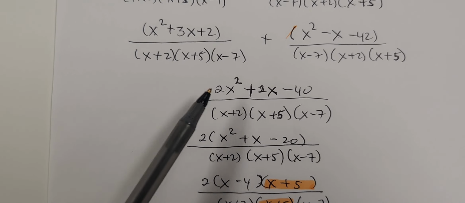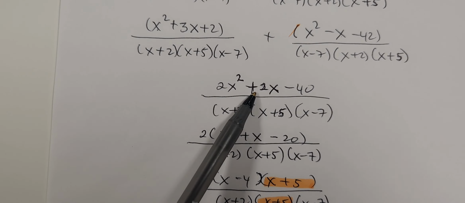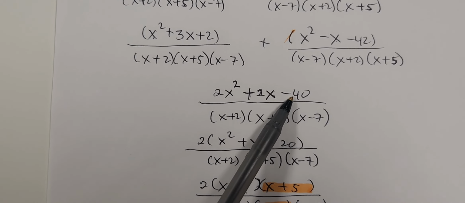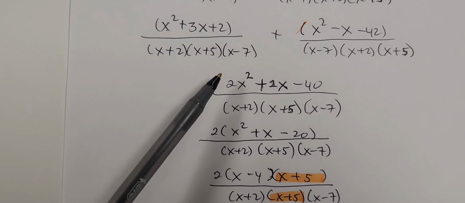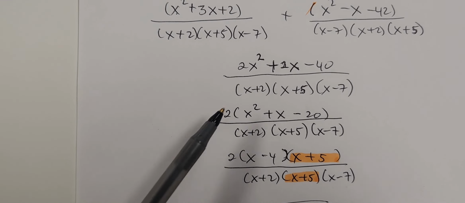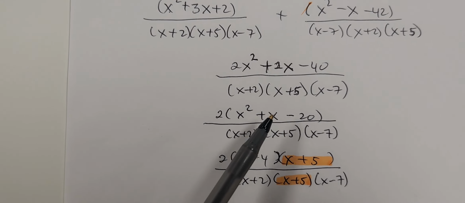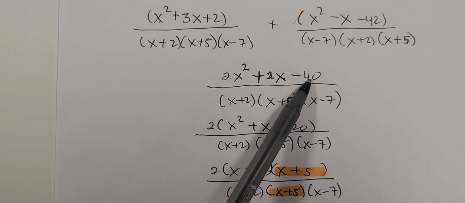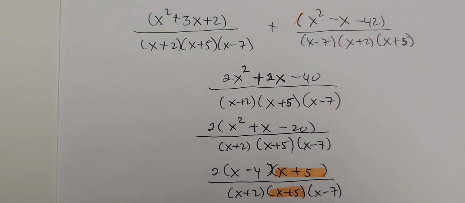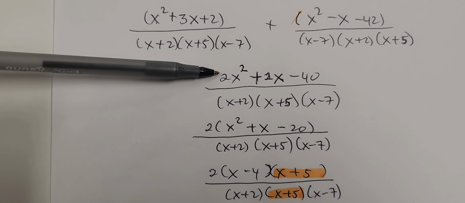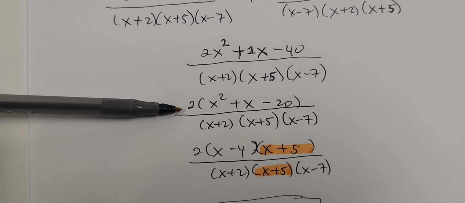Because 2 can go into 2, 2 can go into 2, 40 can also go into 2. So I factor out this 2. 2 divided by 2 gives me that 1x squared. 2 divided by 2 gives me this 1x. And this 40 divided by 2 gives me 20. So all I did was from this step to here, I just factored out the 2, or divided by 2.